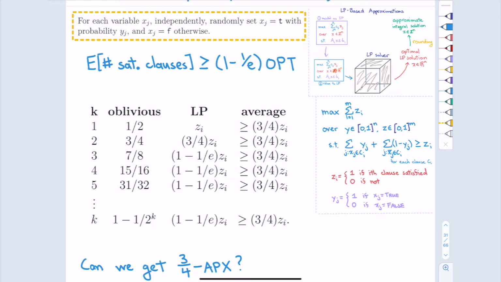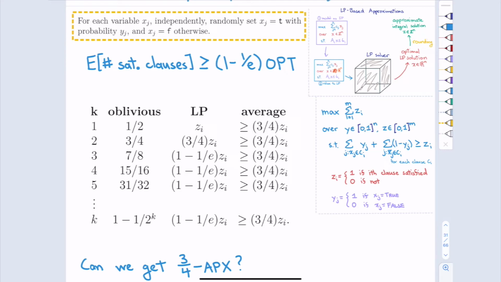And what's sort of interesting is that if you average these two for any row, you get at least 3/4 zi. So the first column, 1/2, is at least 1/2 zi. So the average will be at least 3/4 zi, and so forth, because zi is at most 1.